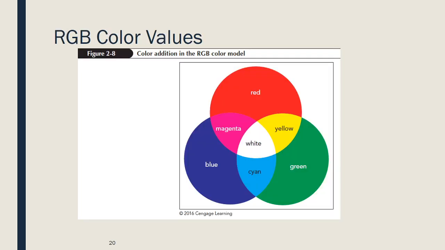This figure shows the color addition in the RGB color model. So we have red, green, and blue, and we can have the combinations of two primary colors and the three primary colors. For the combination of red and green, we have yellow, red and blue is magenta, and blue and green is cyan.